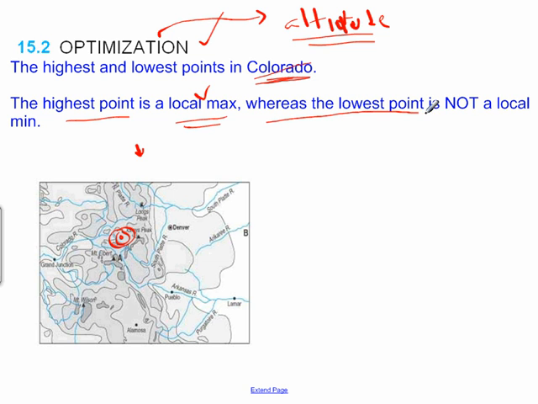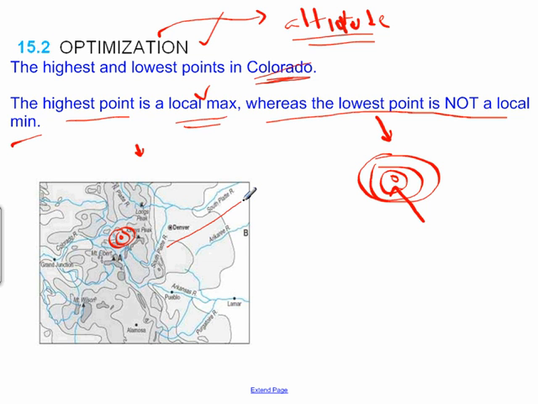The lowest point is not a local min. So the lowest point isn't one of those cases where it's getting less and less altitude in this direction. Rather, it just kind of gets lower and lower as we head out toward the plains.